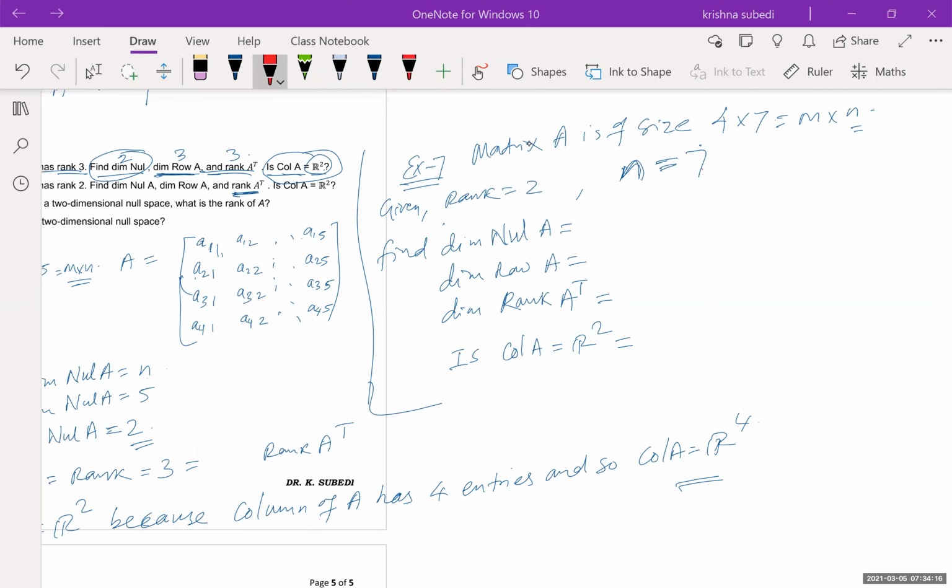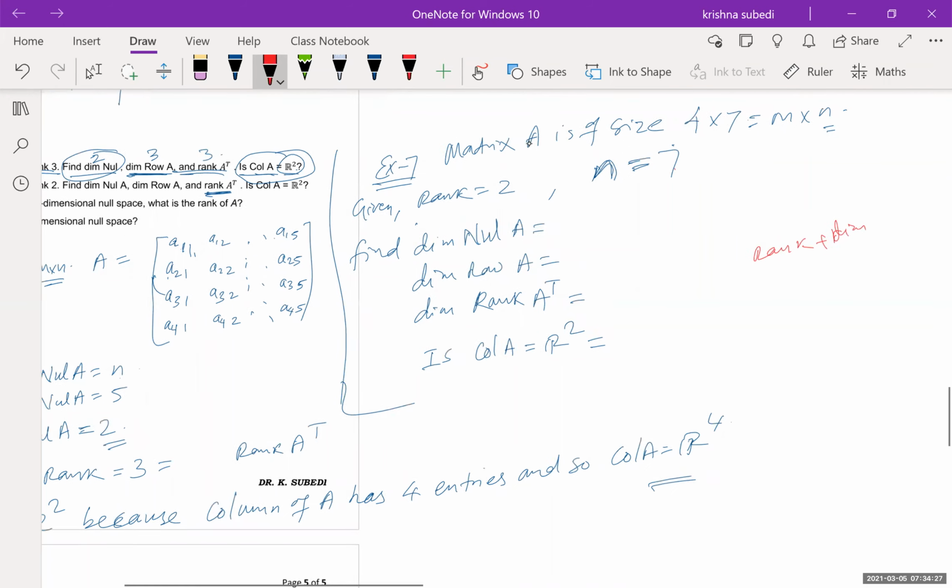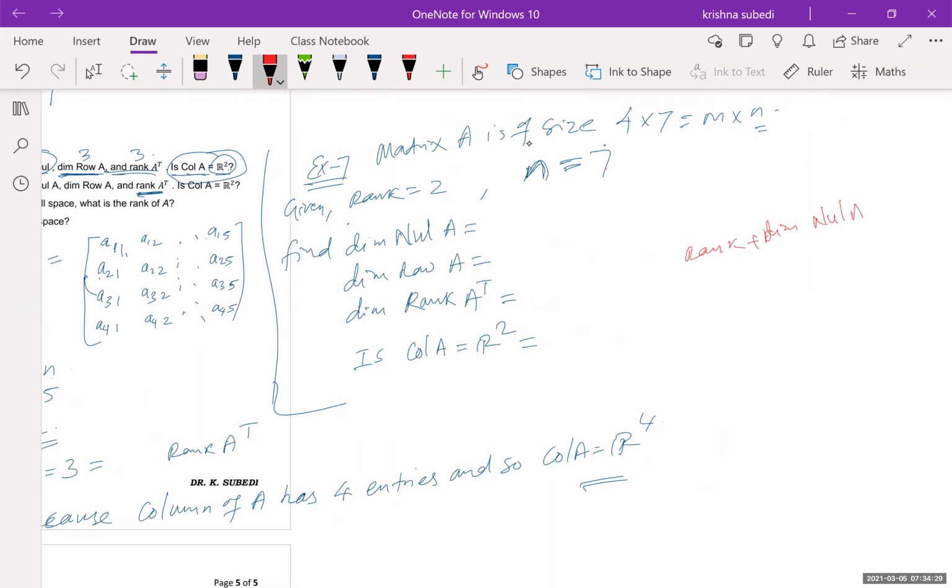Using the formula, we know that rank plus dimension of null A equals n. So rank is 2 given, plus dimension of null A equals n, which is given as 7. Therefore, the dimension of null A will be 5.